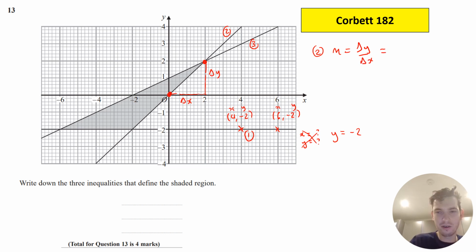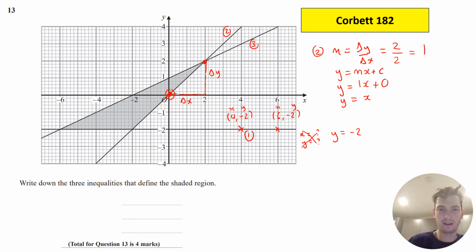Change in y is 2, change in x is 2, so that gradient is 1. And the y-intercept, well, let's circle the y-intercept, it is just 0. So if I've got the equation of that straight line, y equals mx plus c, well, I said that m was equal to 1, so it's just 1x, and c was equal to 0, or I can just rewrite that as y equals x.